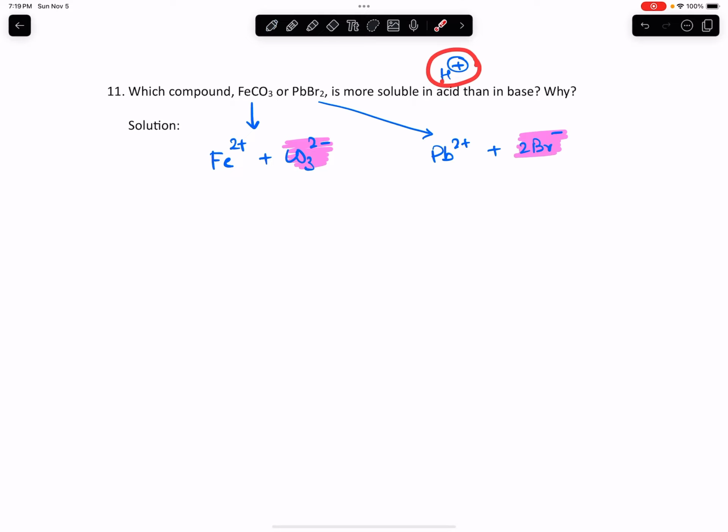So the positives are going to react with the negatives. That's why we look at the negatively charged ions.